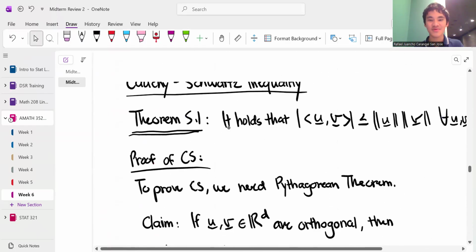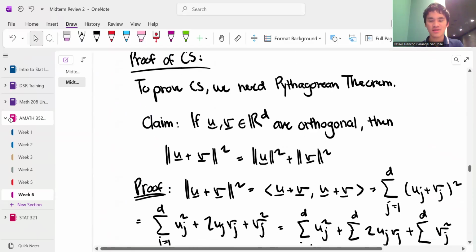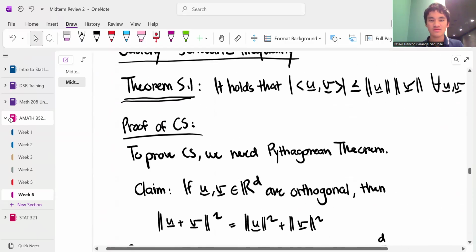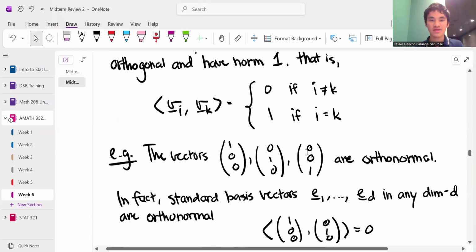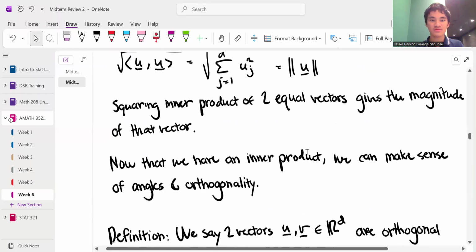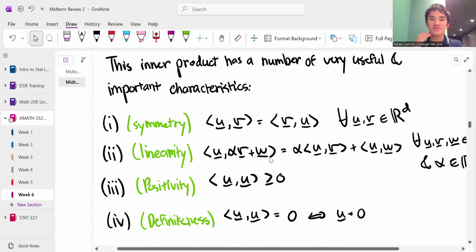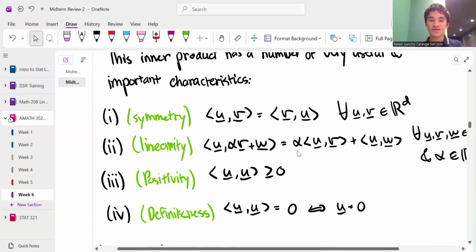That's too much stuff to remember. Okay, where can I find it? No, it's not that one. Where's linearity? Oh, there you are. u dot (alpha v plus w) is the same as alpha u dot v plus u dot w. We did have a way of proving that idea.